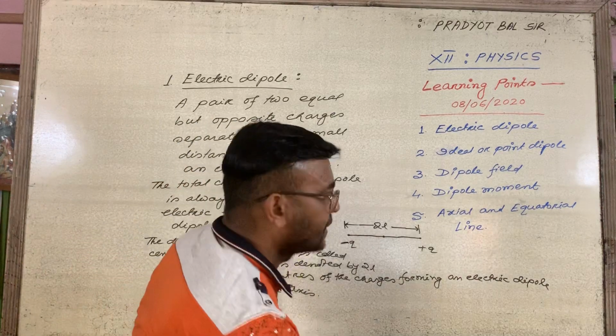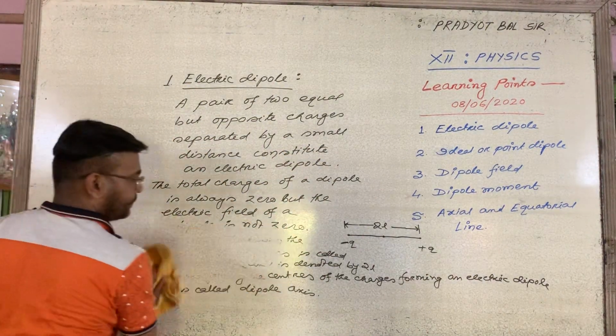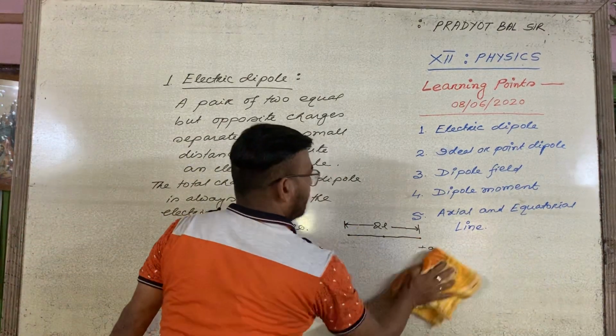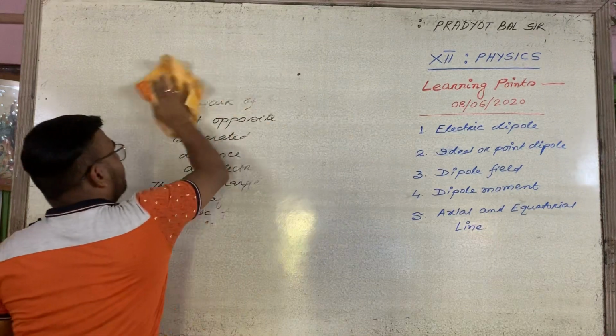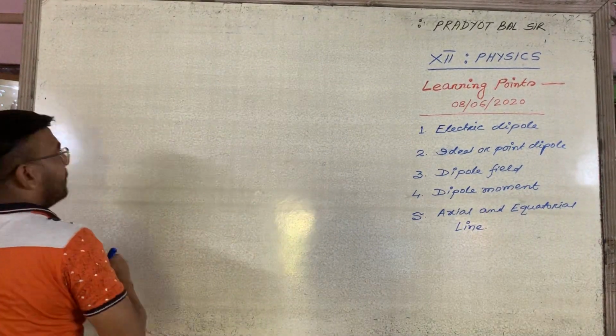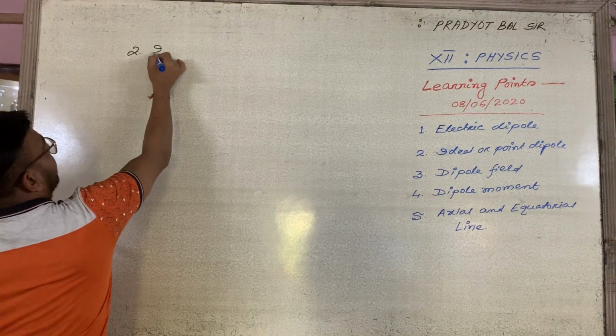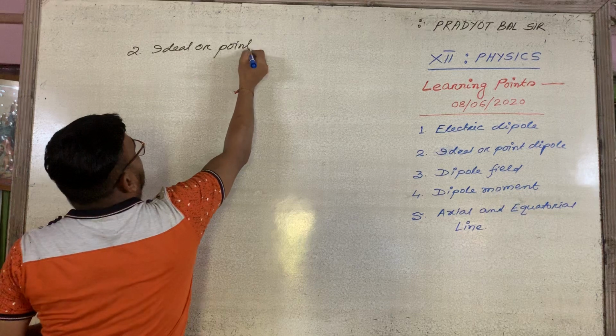Now come to the next point, ideal or point dipole. Number 2, ideal or point dipole.